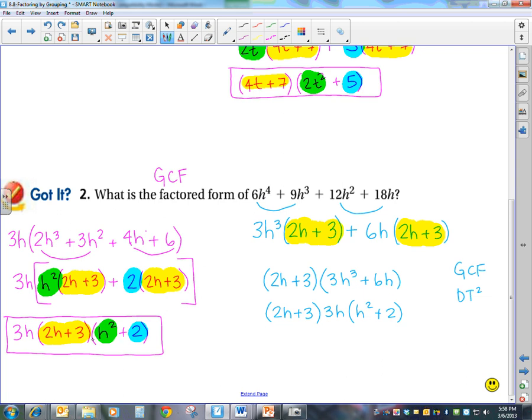Is 3 times 4 times 5 the same thing as 4 times 3 times 5? They are. When we multiply things, the order does not matter. So you can leave it like that if you want to. So if you don't recognize the GCF at the beginning, you can always try to find it at the end. But it's not fully factored if you have a term with common factors.